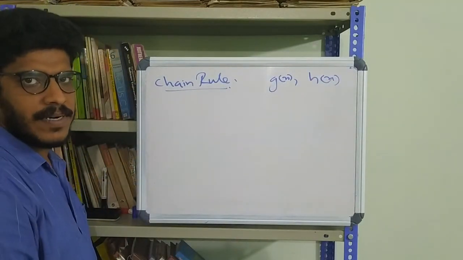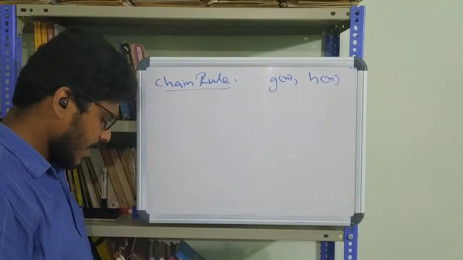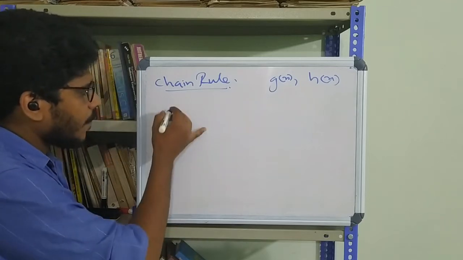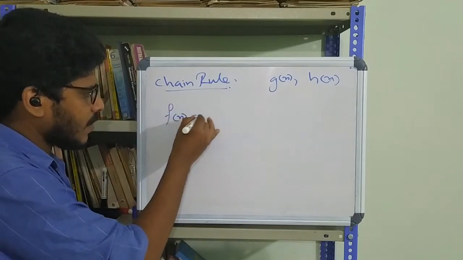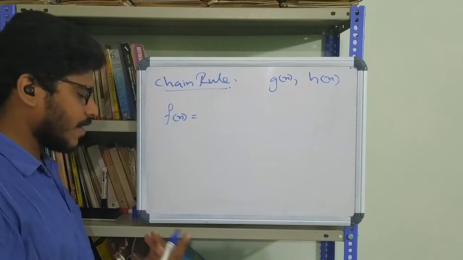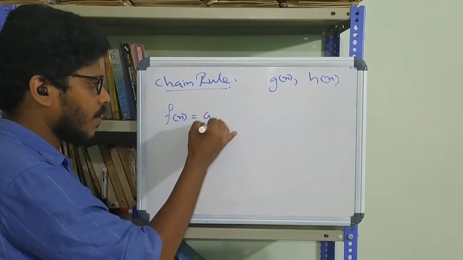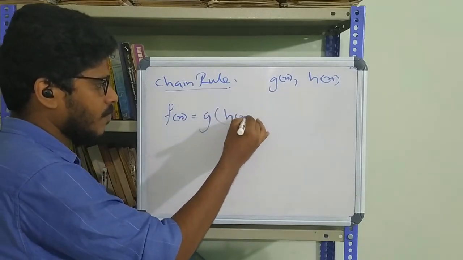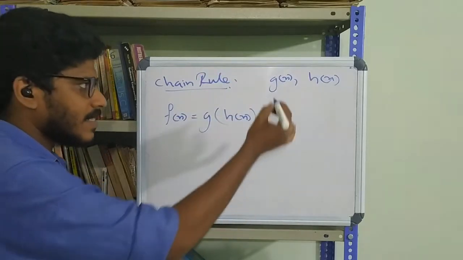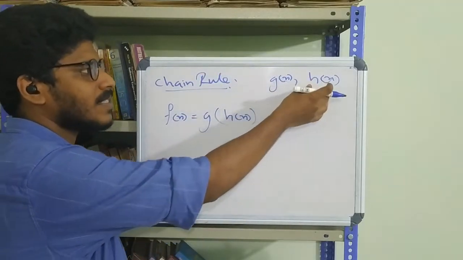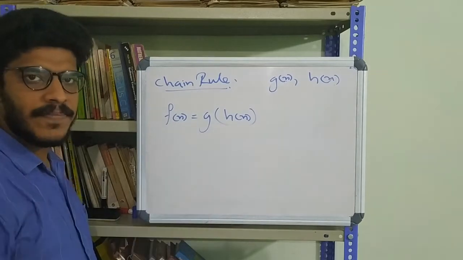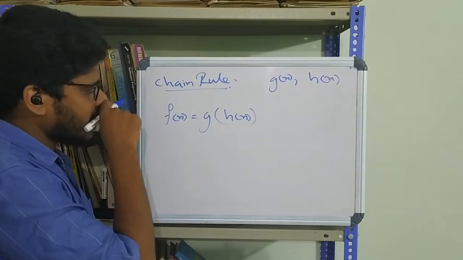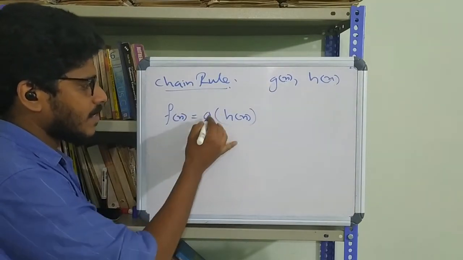Both are differentiable, and we define a function f of x to be the composition, or the function of another function, g of h of x. Instead of x in g, we pass h of x as the argument. So f of x equals g of h of x.